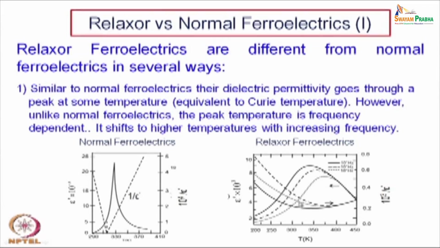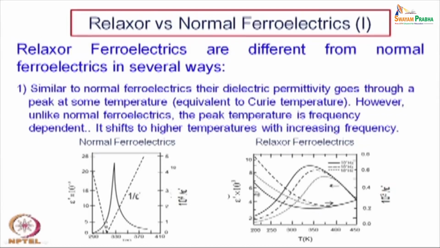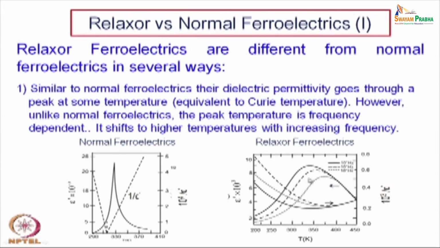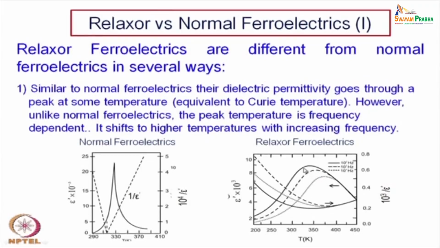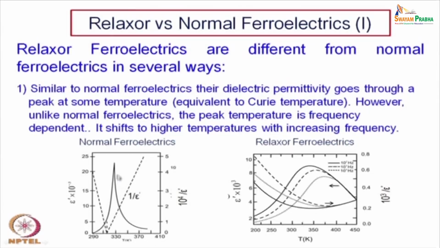So, this is epsilon double prime and this is epsilon prime. There is a broad peak, and that peak also shifts with frequency. These are the two very important differences from the normal ferroelectrics, which have a very sharp peak that is independent of the frequency of measurement.